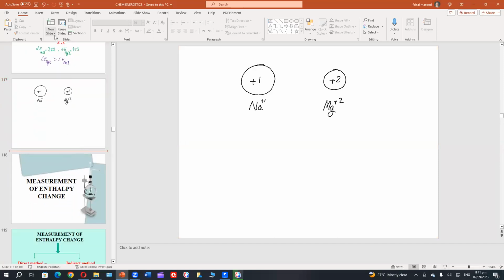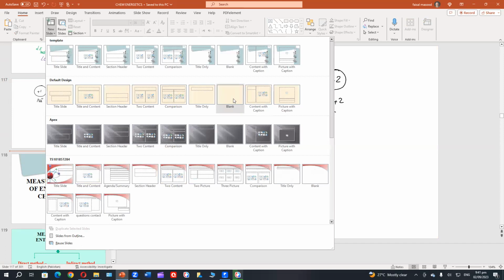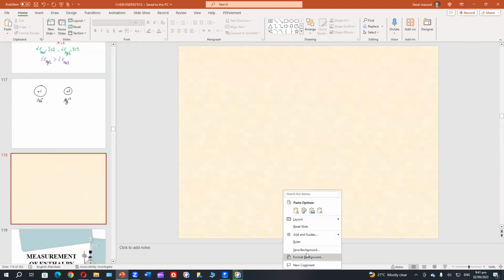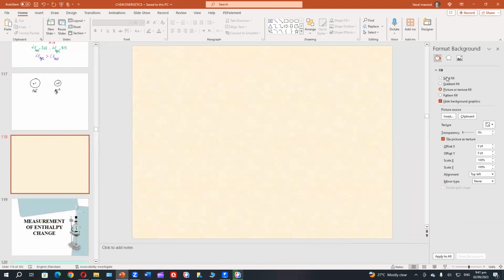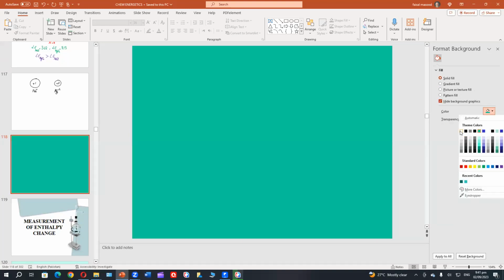So I want you to please repeat this pair with me, because this pair is still giving some problem. Bigger ions form a weaker lattice.